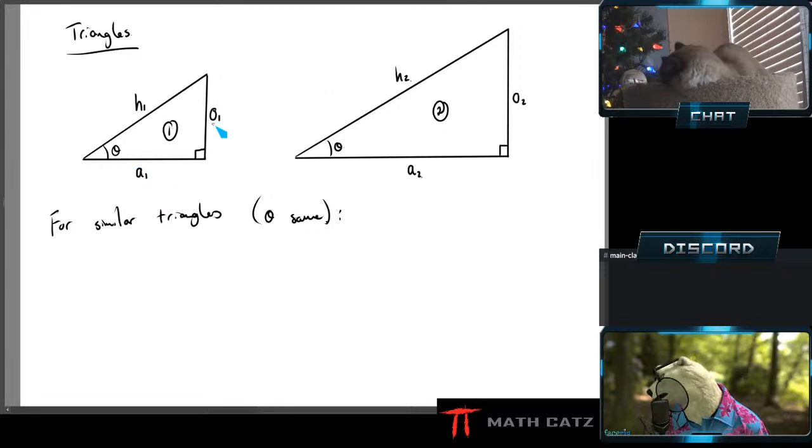So if, for example, I look at the opposite relative to the hypotenuse, I'll say opposite 1 over hypotenuse 1. And I compare that same ratio in the larger version, opposite 2 over hypotenuse 2, they're the same.